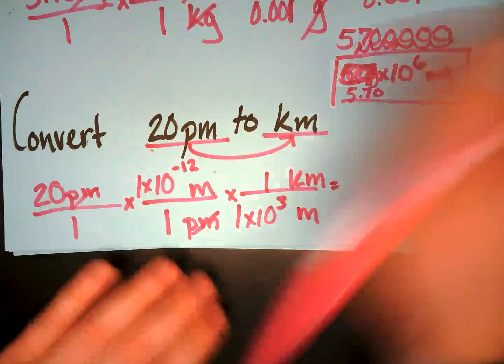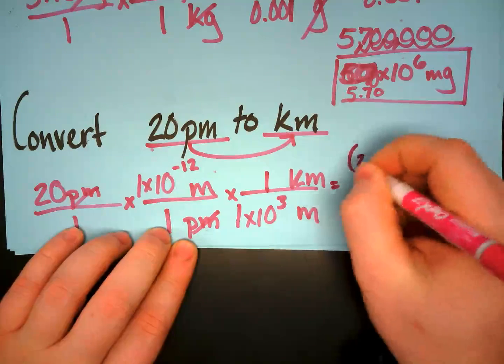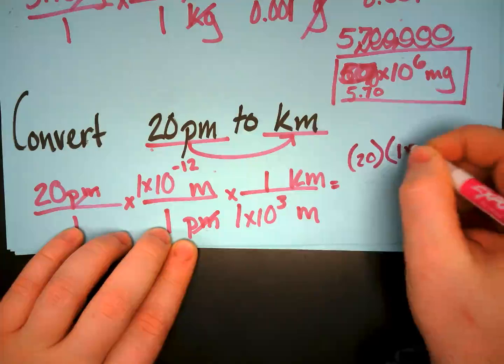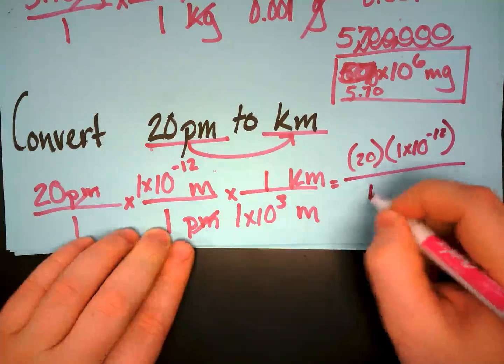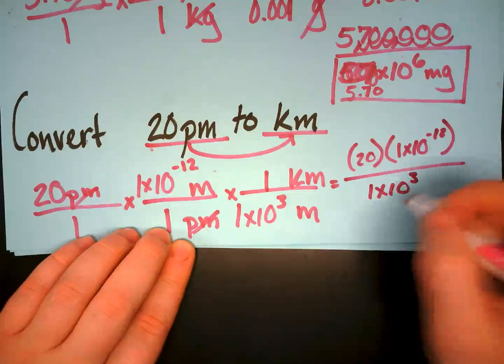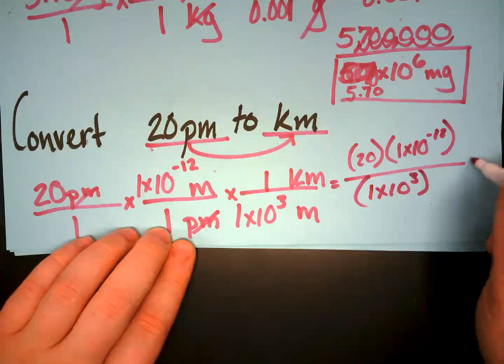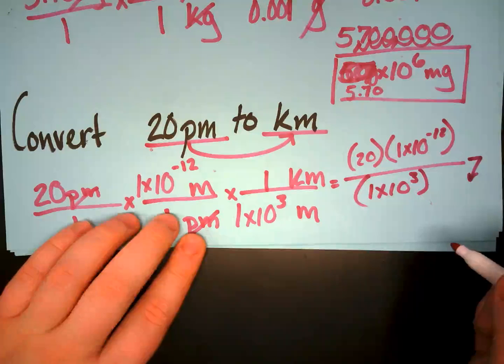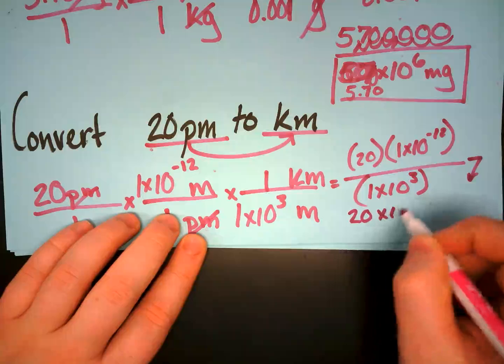Okay, so we're multiplying across the top, multiplying across the bottom. So it would turn out to be 20 times 1 times 10 to the negative 12th power over 1 times 10 to the 3rd power, or again, just 1,000. And so what this would be, first it would be 20 times 10.